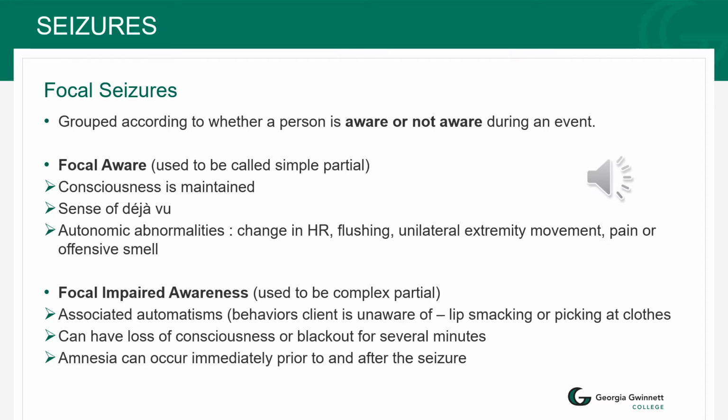They could have a change in heart rate, abnormal flushing, pain or offensive smell. Focal impaired awareness is when they have lip smacking, they can pick at their clothes, they have complete loss of consciousness, they black out for several minutes, and they have amnesia, or they don't remember having had the seizure after it stops.